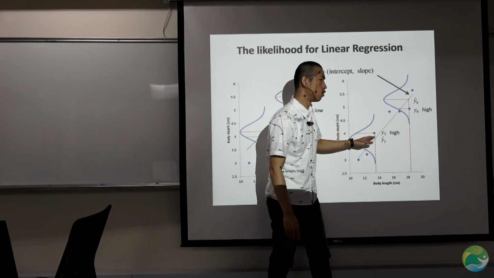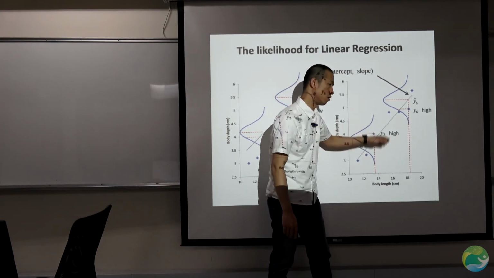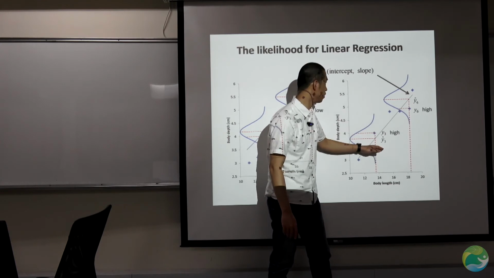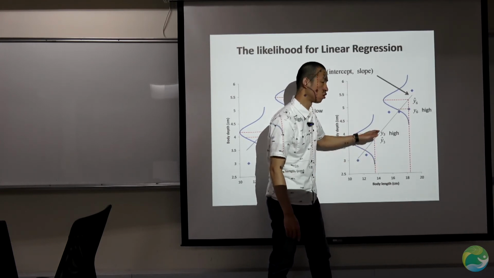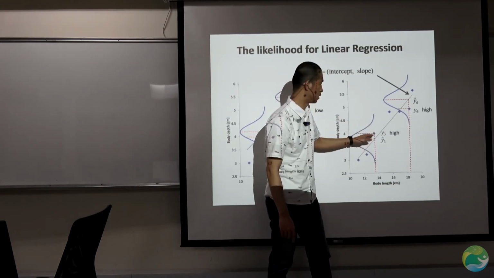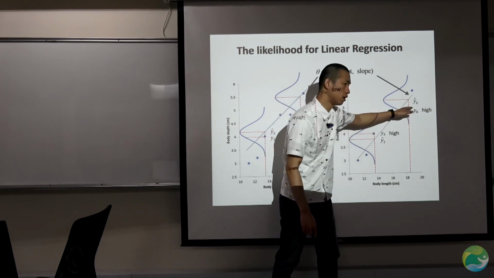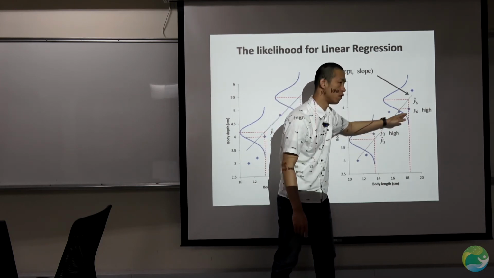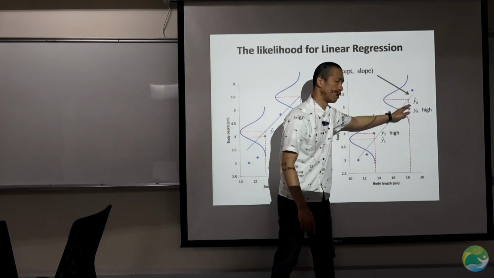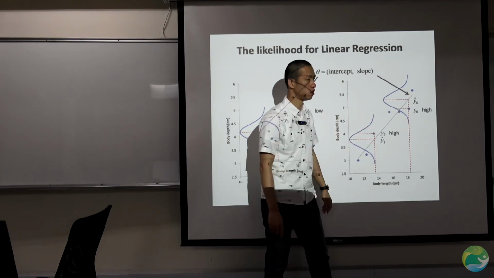Or the negative log likelihood will be the minimum value. Or the total likelihood, which is the multiplication of each likelihood value, all multiplied together, is highest. Okay?